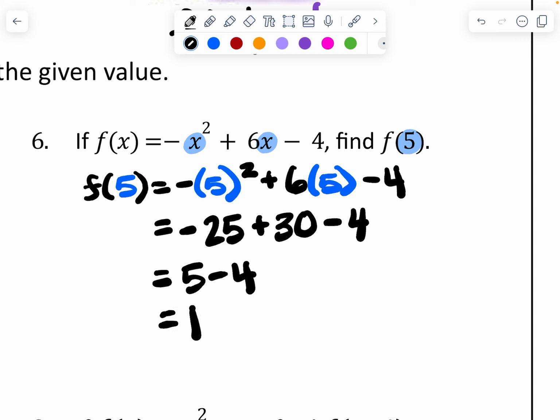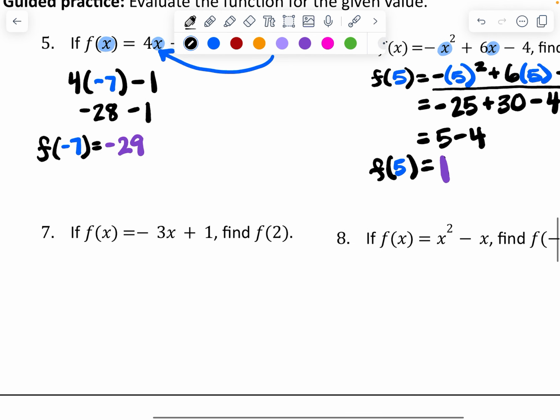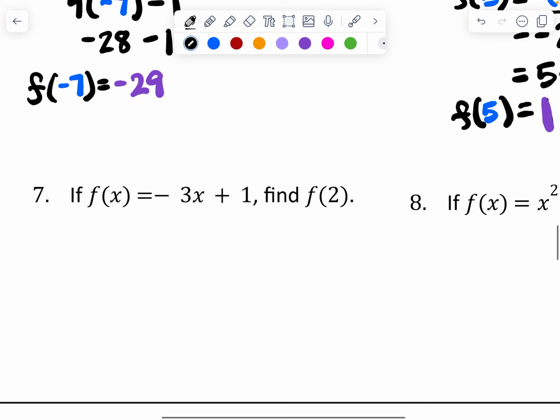So that's going to be 1. So f of 5 equals 1. Again, you could have typed this whole thing into the calculator and gotten your answer that way. Just make sure you always put your x in parentheses, because when it is negative, if you don't do that, you're going to end up with the wrong answer. So it's a good habit to get into.